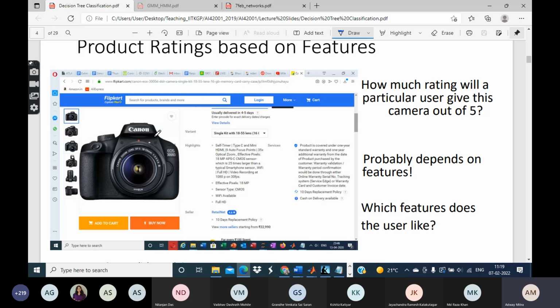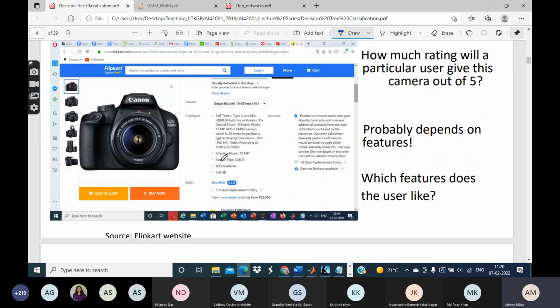So suppose a person has purchased this camera and has given some feedback out of 5. Let us say they have given 4 out of 5. Now the question might arise: why did they give 4 out of 5? Probably the answer is that the person focused on different features of this product, and they mentally gave some kind of rating to each of those features.